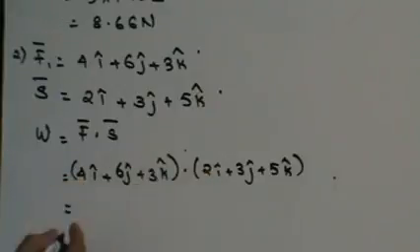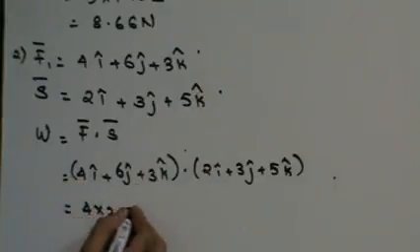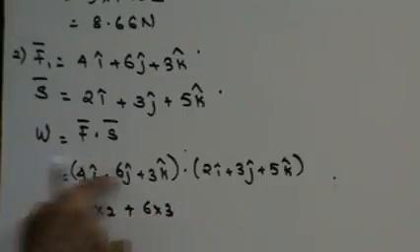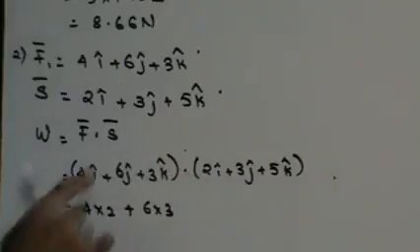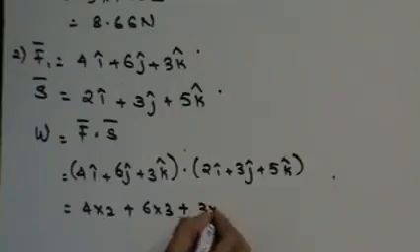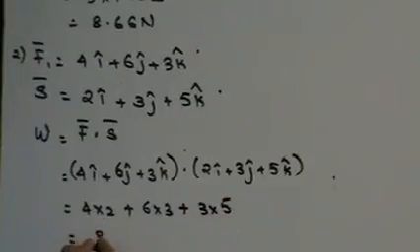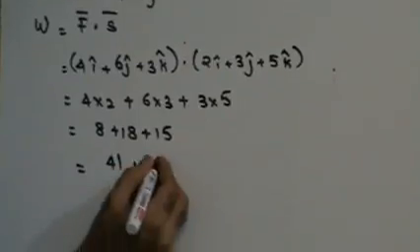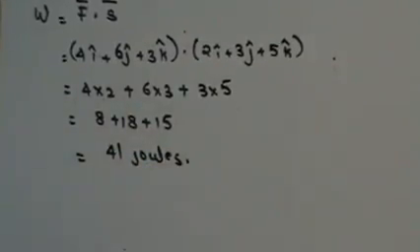So these two are i vectors, so this will be 4 into 2 plus 6 into 3 plus 3 into 5. I am multiplying the magnitude of i with the magnitude of i, the magnitude of j with the magnitude of j, and the magnitude of k with the magnitude of k. So this is 8 plus 18 plus 15, 26, 41, right? 41 joules of work is done, right?